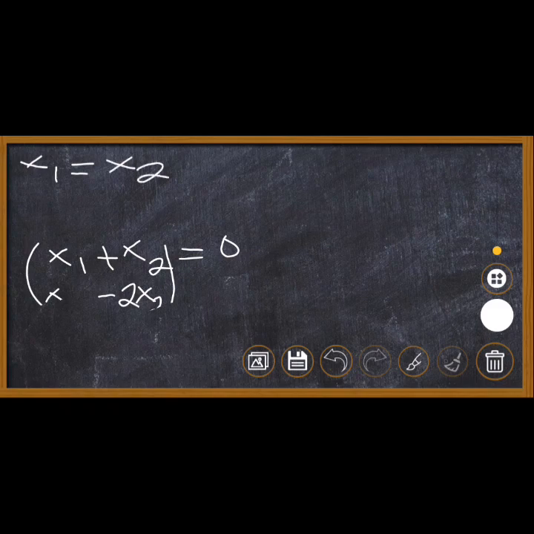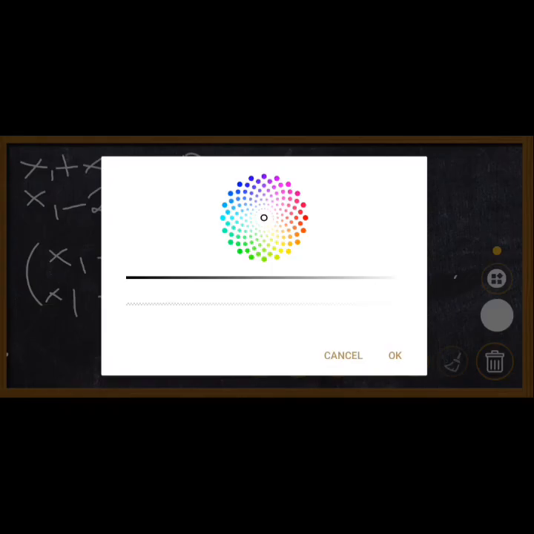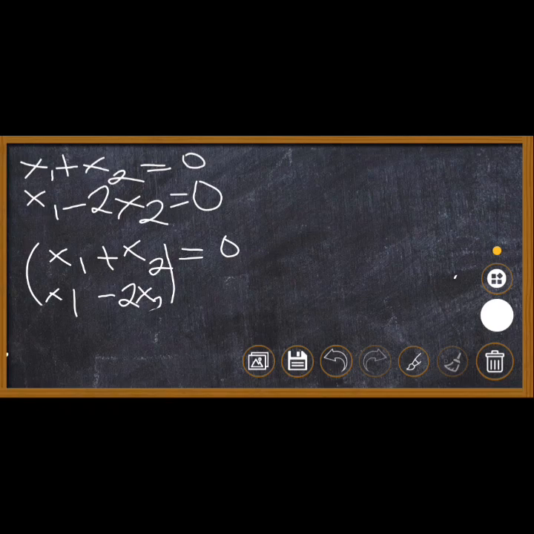We have the top part and the down part. Sorry, this is not the case. It has to be x1 plus x2 equal to 0. And then down there we have x1 minus 2x2 equal to 0. Let's wipe this, since we don't need this information now.